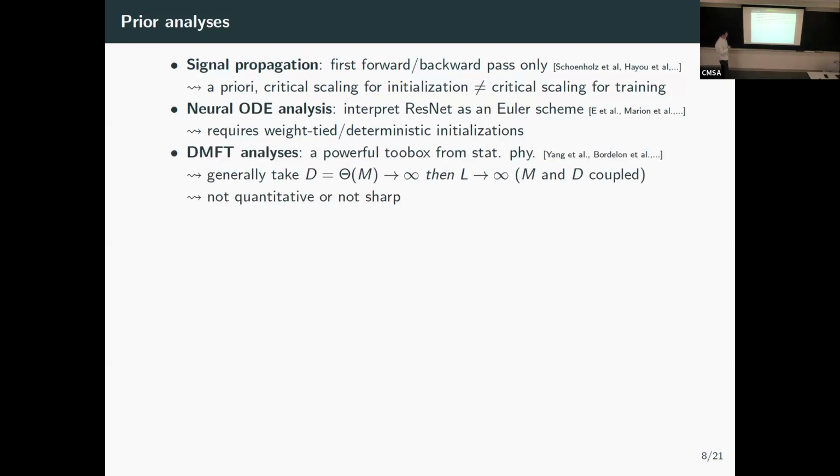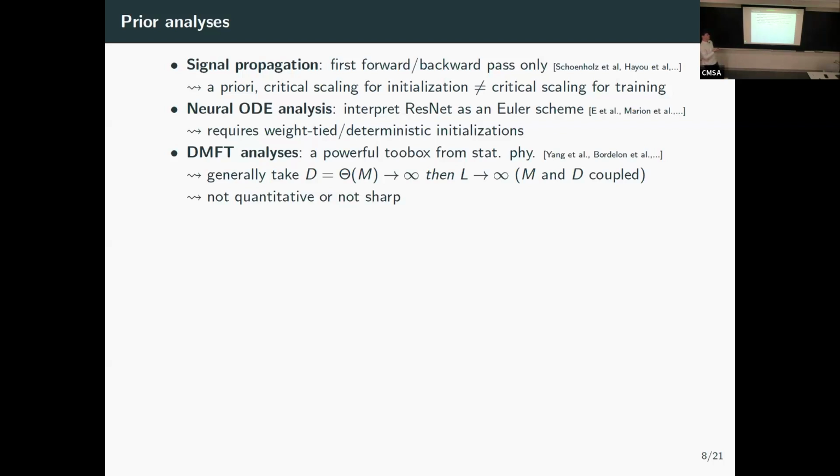Then there is a large literature that uses tools from statistical physics, in particular by the team of Cengiz at Harvard, that have models for infinite size ResNets. And in fact, in part of my talk, we will use similar tools. This is a very powerful tool, and that's a good way to analyze ResNets.